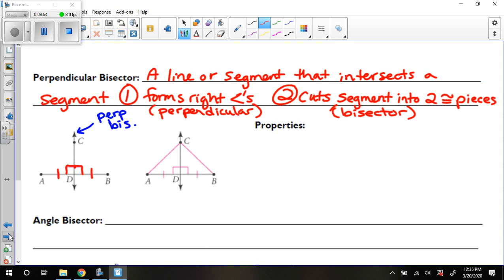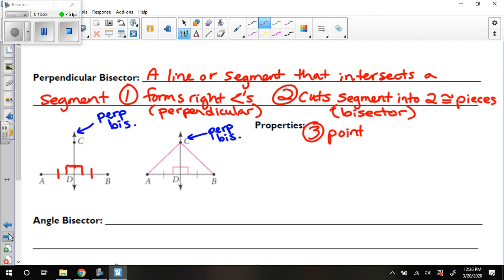Okay, this second picture, this line is still our perpendicular bisector. But notice there's something new added to the picture. There's these pink lines. And those pink lines are there because of this third property that I'm going to state about perpendicular bisectors.